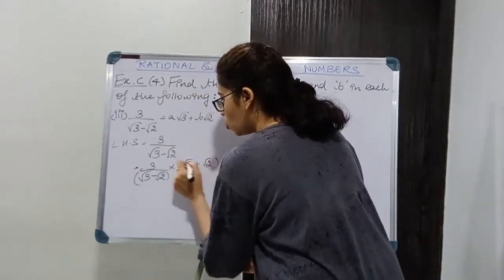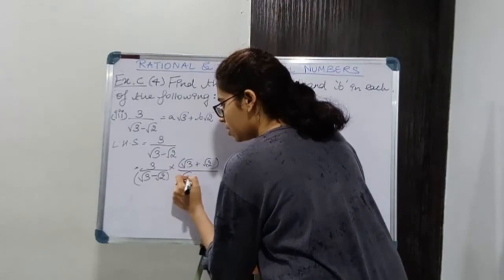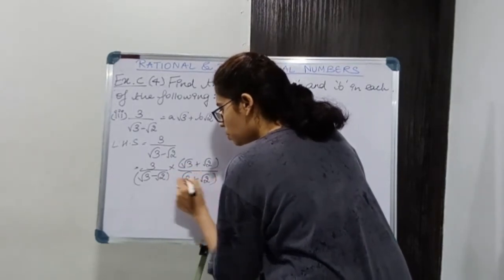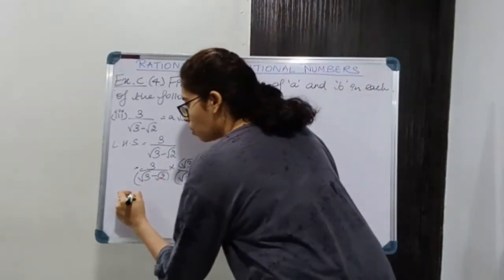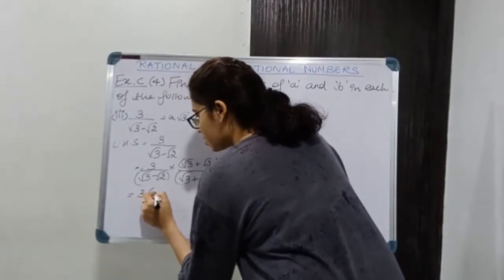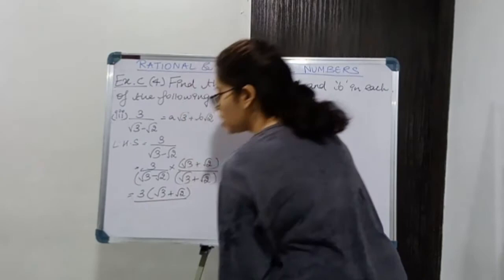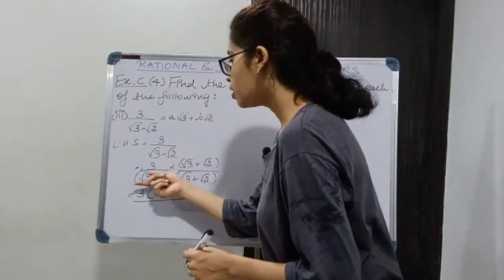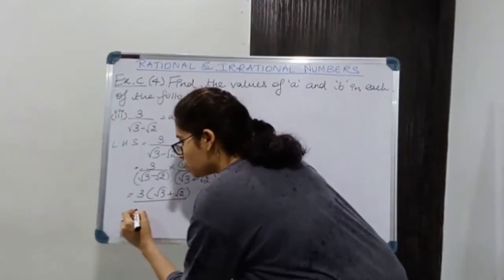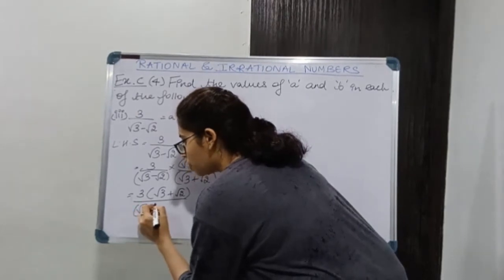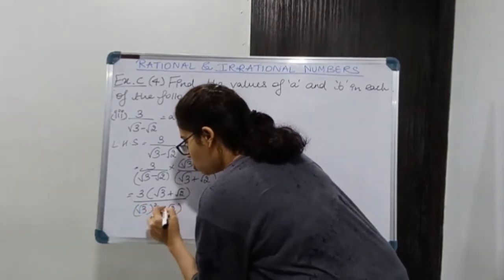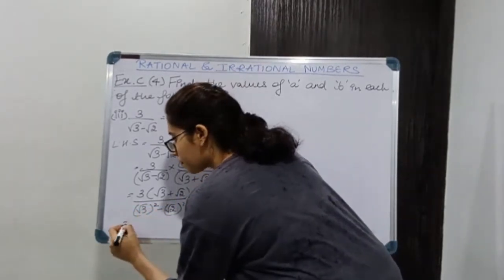I'll multiply both numerator and denominator by root 3 plus root 2. The numerator is 3 into root 3 plus root 2, I'll keep it as it is, and the denominator is of the form a square minus b square. So root 3 square minus root 2 square.